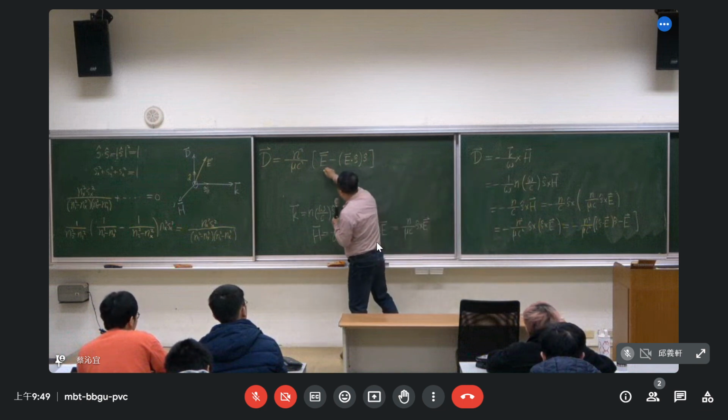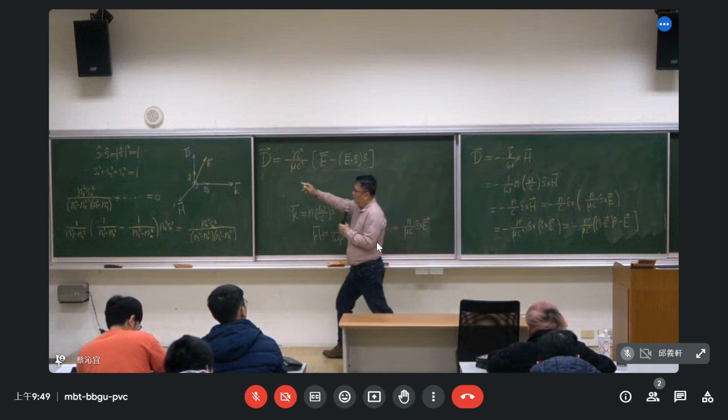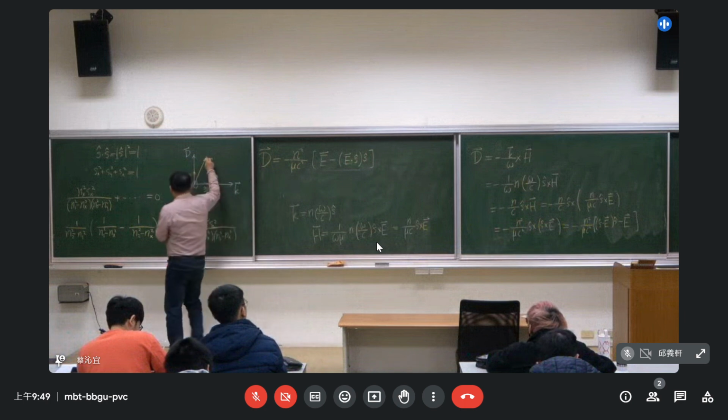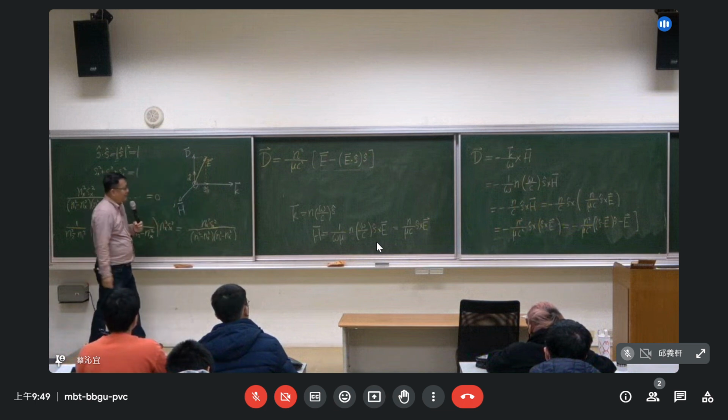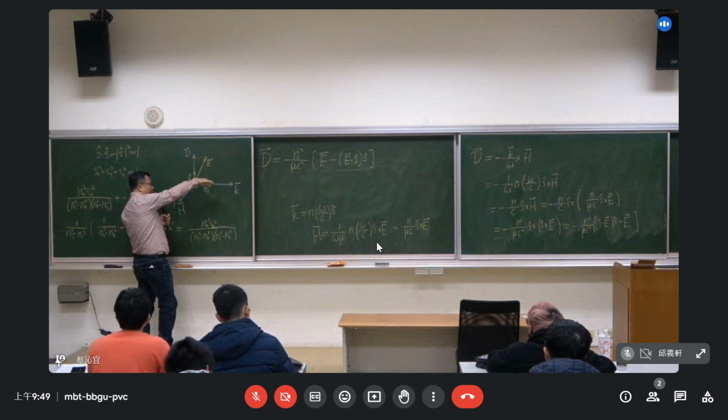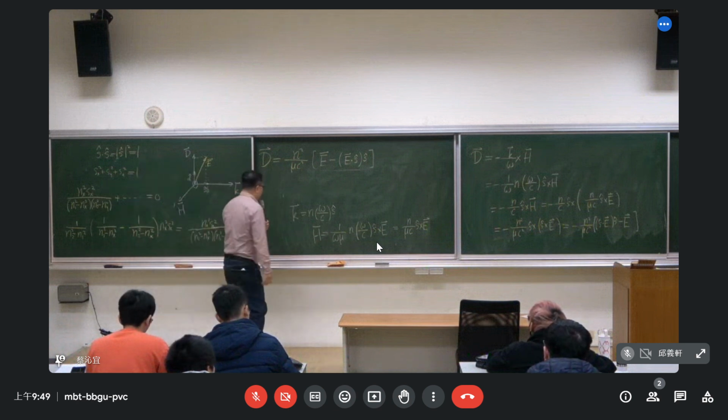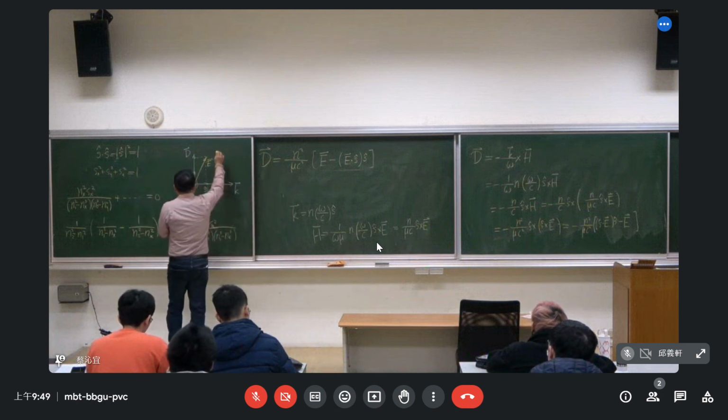Why is this? I have told you that E in general has two components. The first component is along the S direction. The second component is along the D direction.